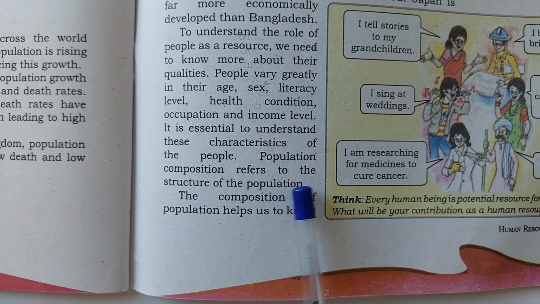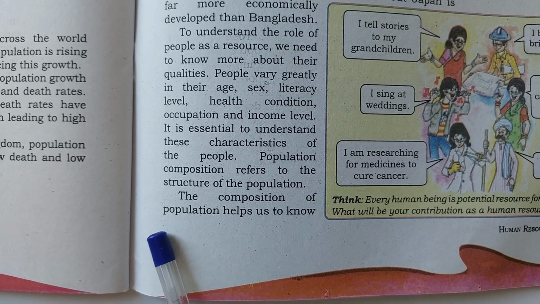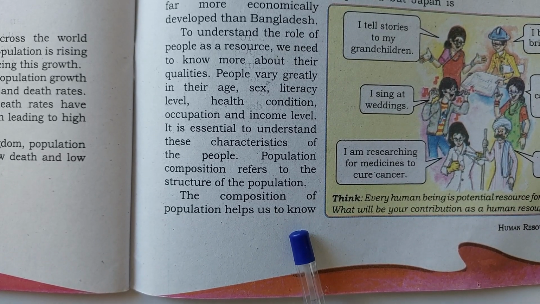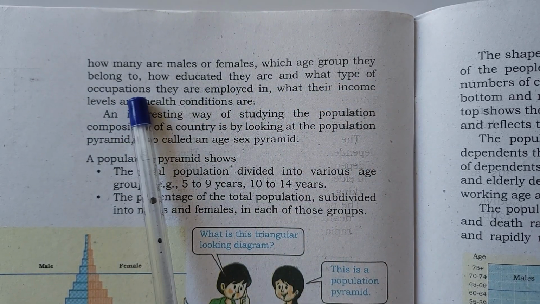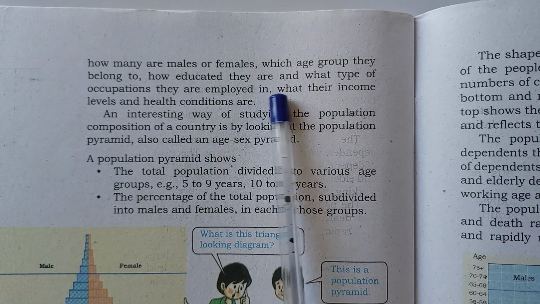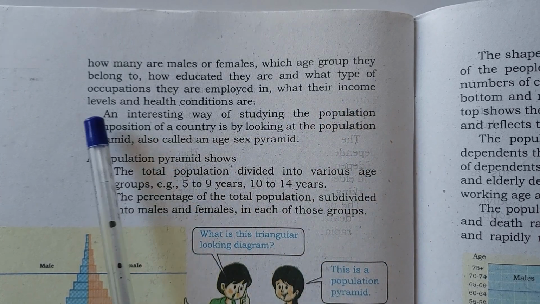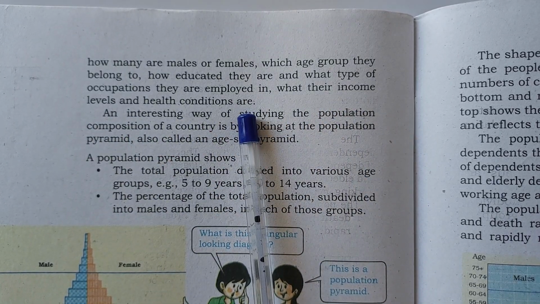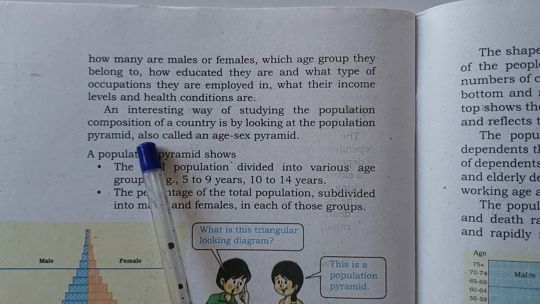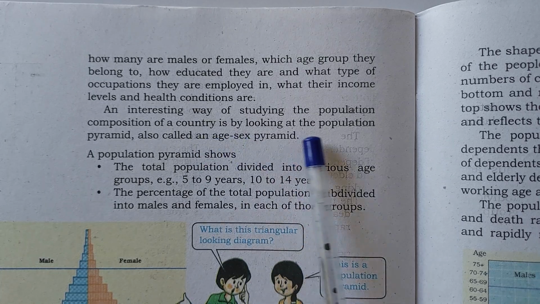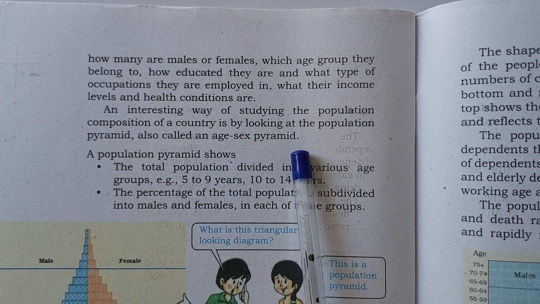Population composition refers to the structure of the population. The composition of population helps us to know how many are males or females, which age group they belong to, how educated they are, what type of occupations they are employed in, what their income levels and health conditions are, etc. An interesting way of studying the population composition of a country is by looking at the population pyramid, also called an age-sex pyramid.